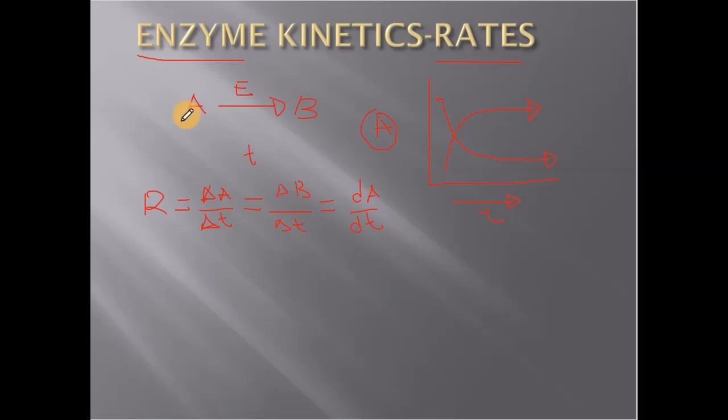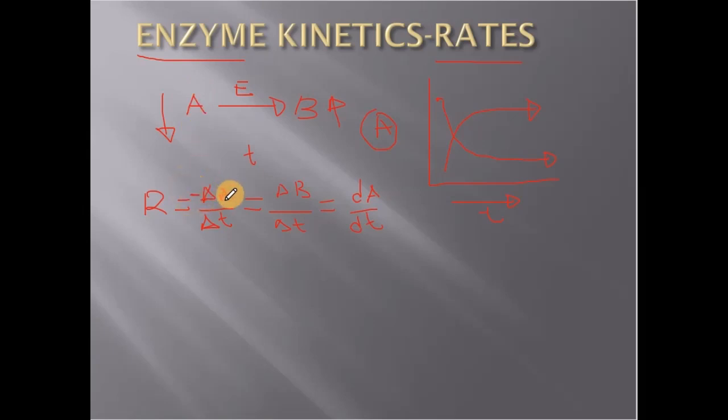Now look at something. As we said earlier, when we have the A being changed to B for every biochemical reaction, as the time increases, the concentration of the A will drop, whereas that of the B will increase. That means that if I want to find the change of the A, which is basically the final minus the initial, it is going to give me a negative value.